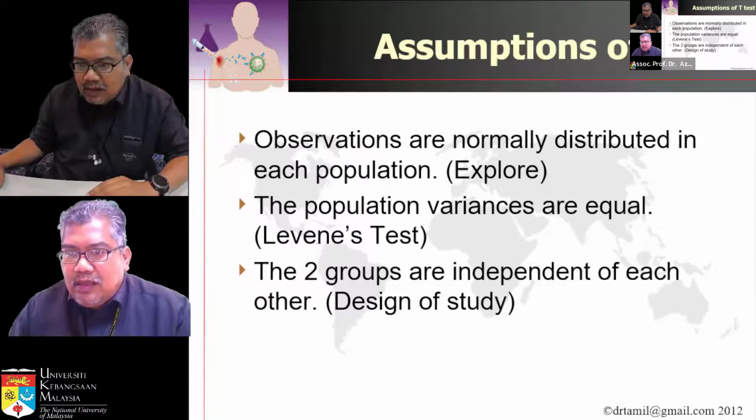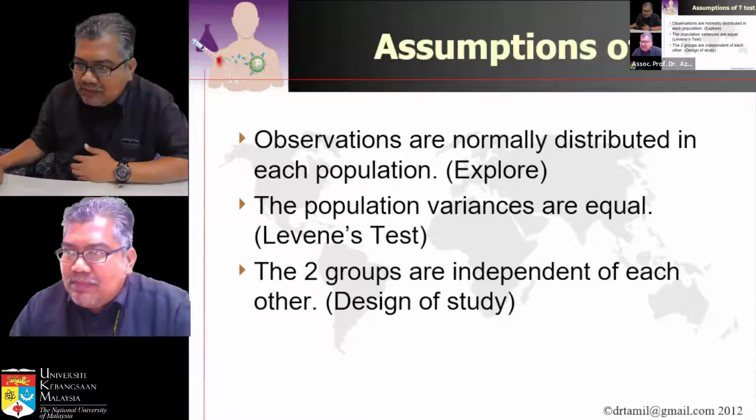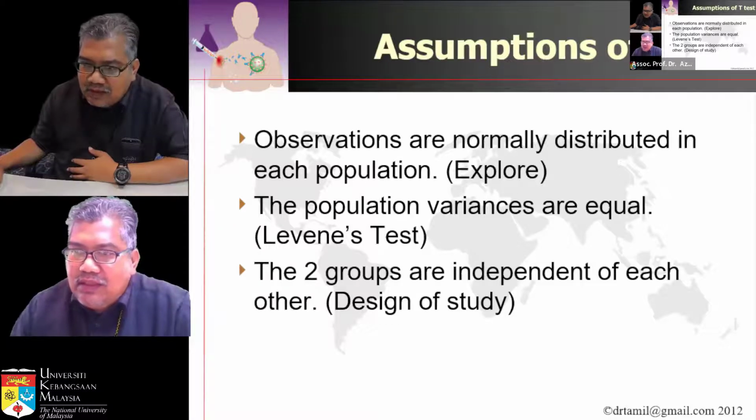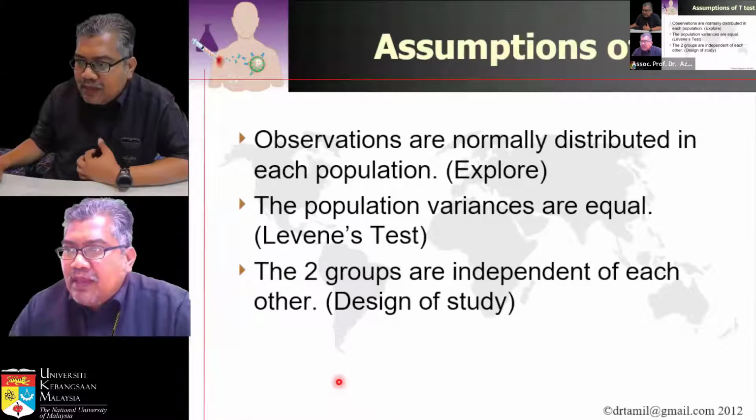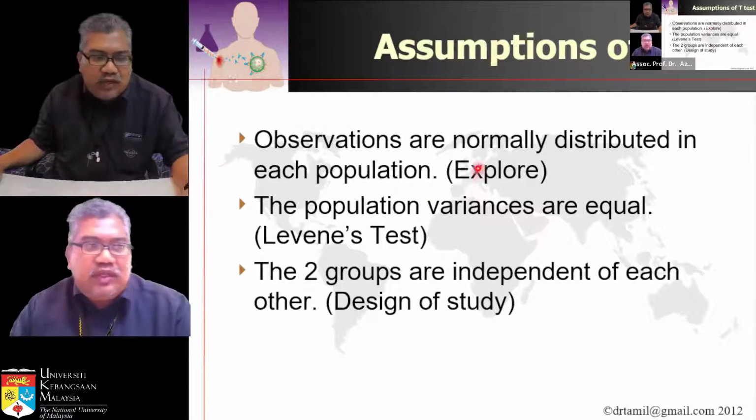The other thing is the population variances of the two groups must be equal. We're going to show you how we check for that under Levene's test. And the two groups are independent of each other. Those who belong to one group cannot belong to the other group. They can only belong to one group only.